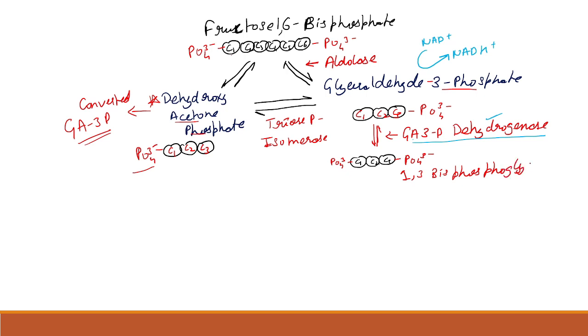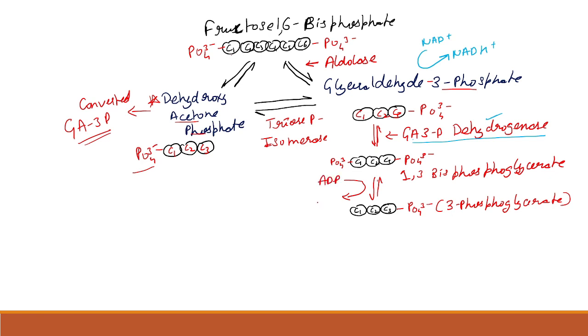This molecule will be known as 1,3 bisphosphoglycerate, right? So in the next step, one phosphate would be removed, and we give this phosphate group to an ADP and convert this ADP into ATP.